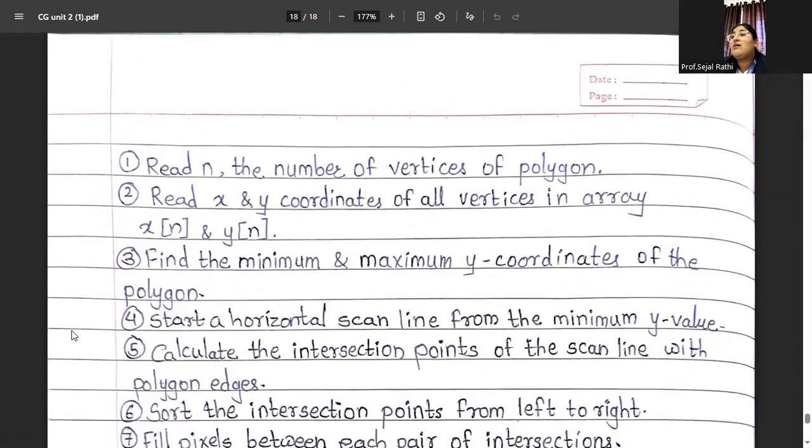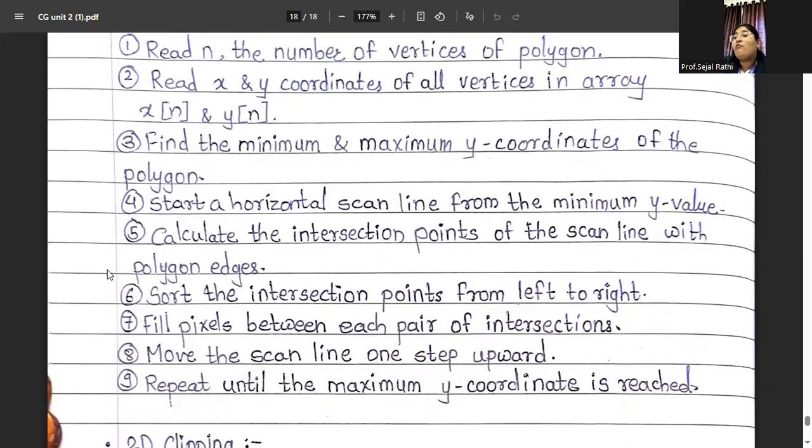So first is read the value of n, which means the number of vertices of polygon, and then read the values of the x and y coordinates of all the vertices in arrays like x of n and y of n. Find the minimum and maximum y coordinates of the polygon. Then the fourth step is start a horizontal scan from the minimum value of y.